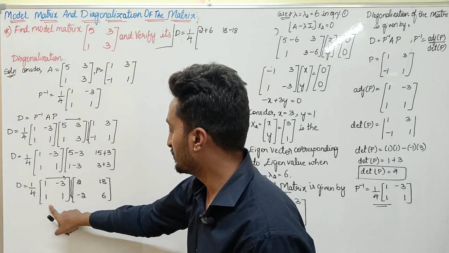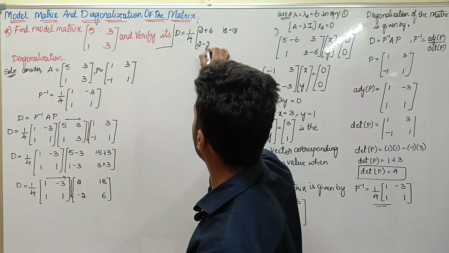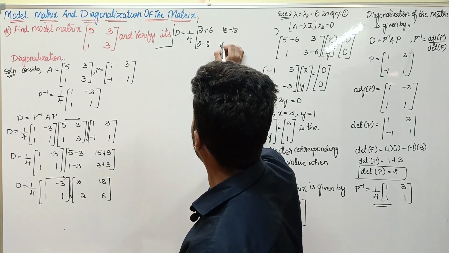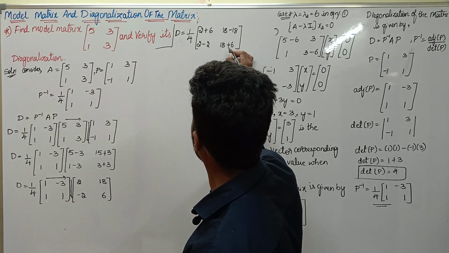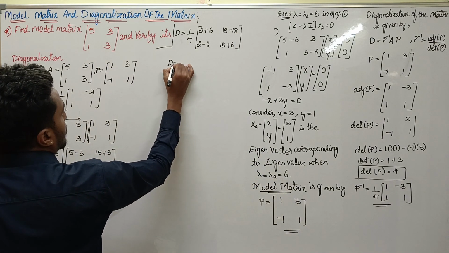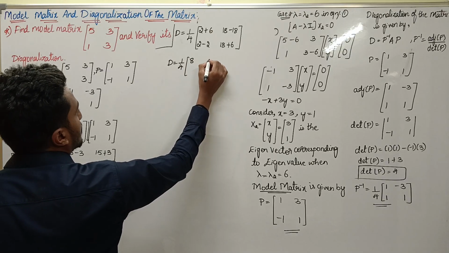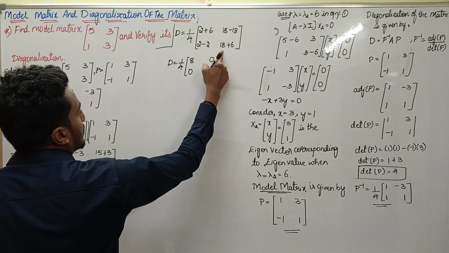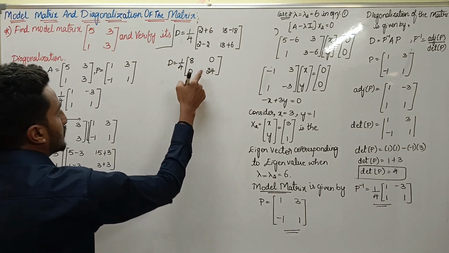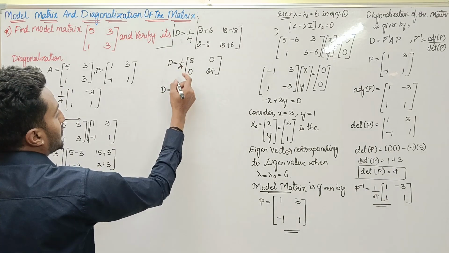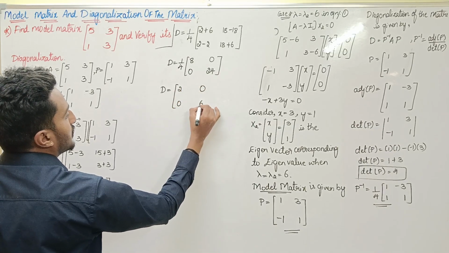Next, second row: 1 into 2 is 2, 1 into minus 2 is minus 2, 1 into 18 is 18, 1 into 6 is plus 6. Done. Now D is equal to 1 by 4 into [2 plus 6 = 8, 0; 0, 18 plus 6 = 24]. Now divide by 4: D is equal to [8 by 4 = 2, 0; 0, 24 by 4 = 6], 6 fours are 24.